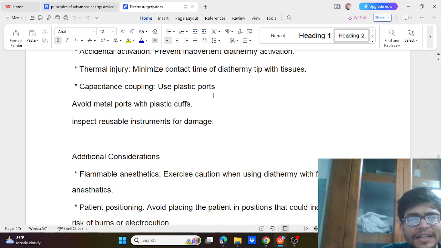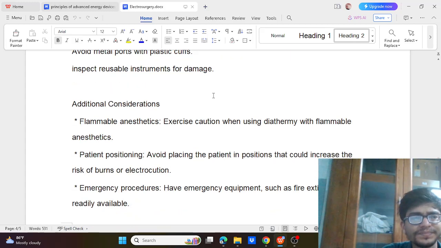In capacitance coupling, there forms a capacitance between the instrument, the port, and the insulated part of the instrument, so it causes injury.